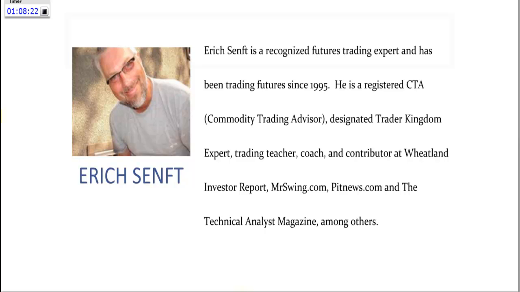One of my manuals is The Truth About Trading Support and Resistance. And a lot of people recognize me as a support and resistance trading expert. Support and resistance has always been my methodology of choice. And I hope that, like I said, I'll be able to shed some light on some things for you as we go on.